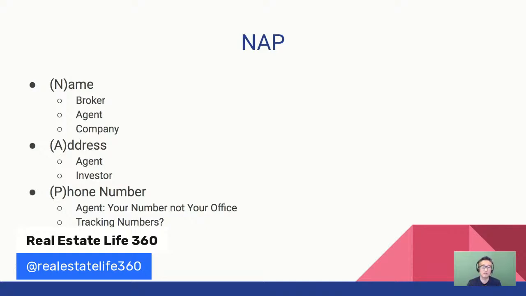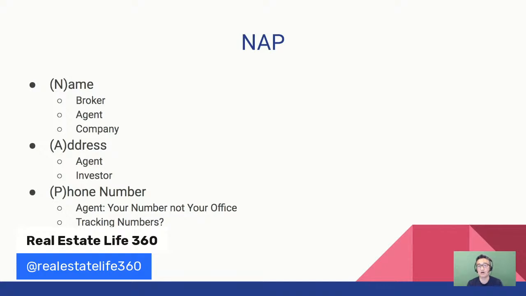Google My Business will send you a postcard with a code. They want to verify that the code goes to a physical address and not a post box. One thing you don't want to do is get penalized by Google My Business for using a post box or even a UPS mailing station.